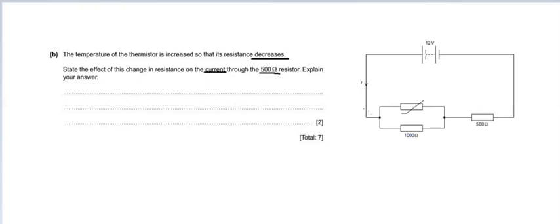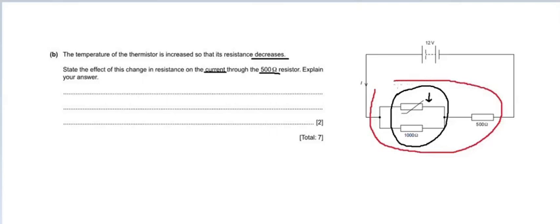That is our aim. If the resistance of this thermistor decreases, what will happen? The entire parallel combination resistance will decrease, and that's why the entire resistance of this circuit will also decrease.